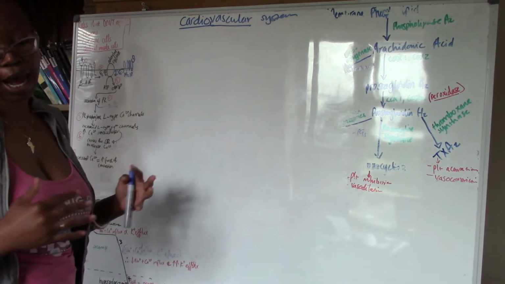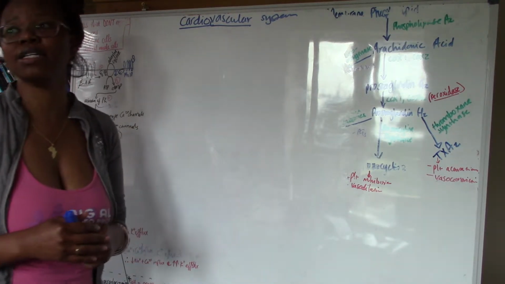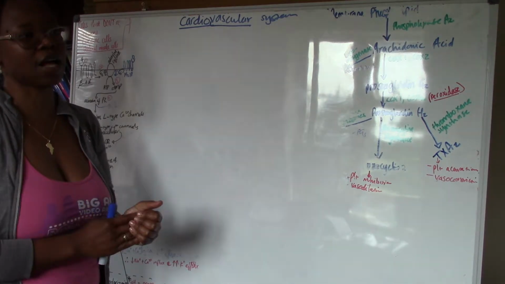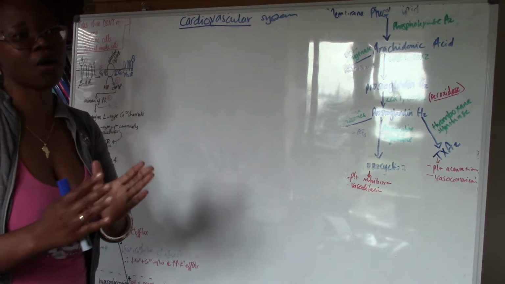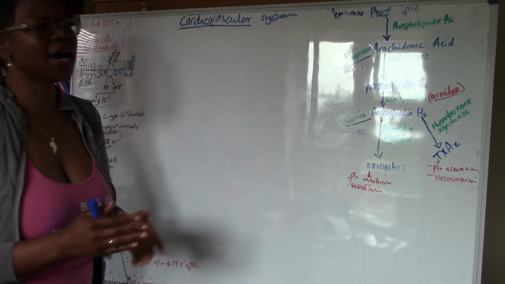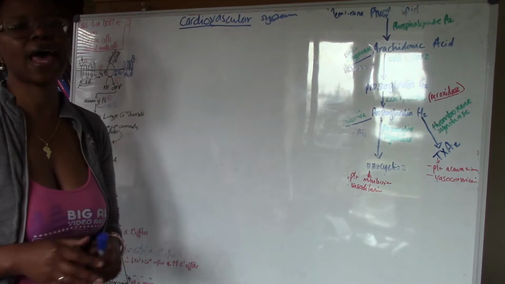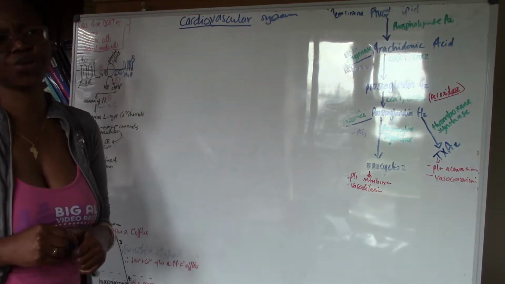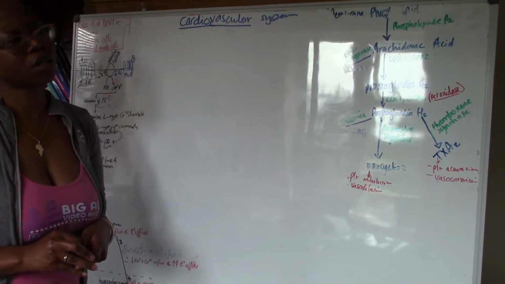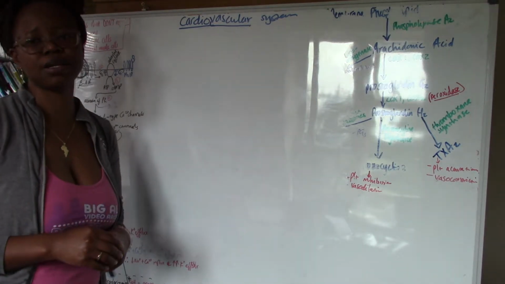If we were to cut the pericardium away, the next layer that we'll find is the layers of the heart itself. The first one on the outermost aspect is the epicardium. The epicardium is made up of connective tissue, it also has adipose tissue, and it also has elastic fibers, to allow free movement.